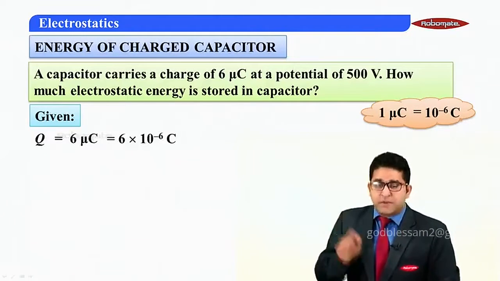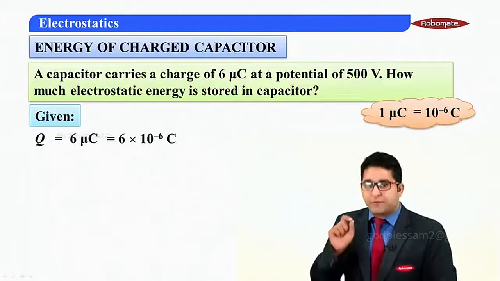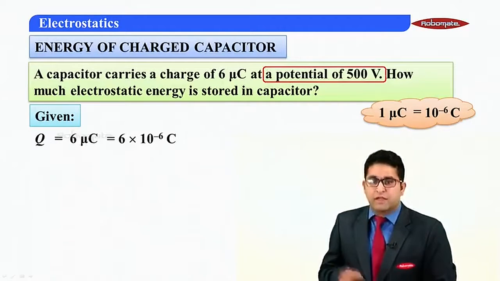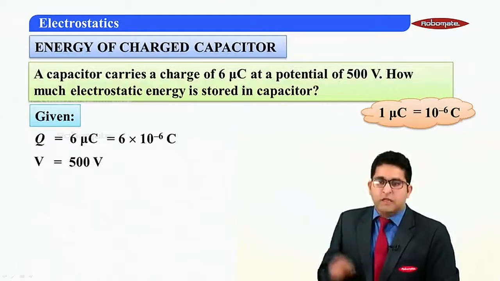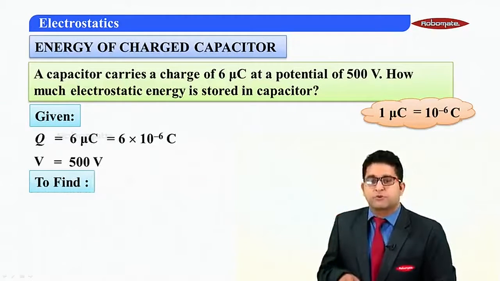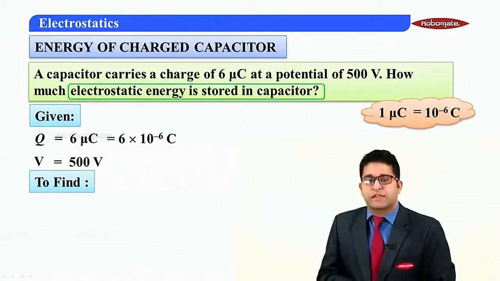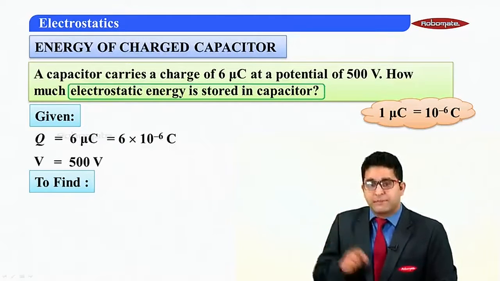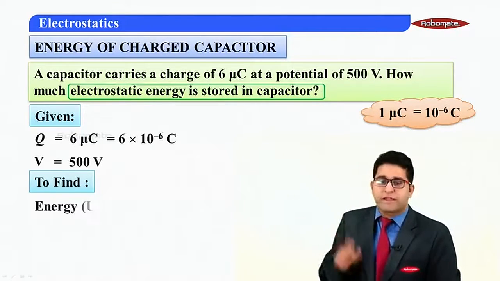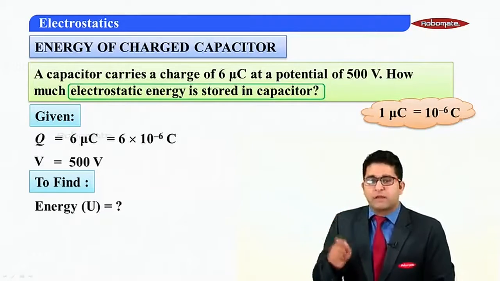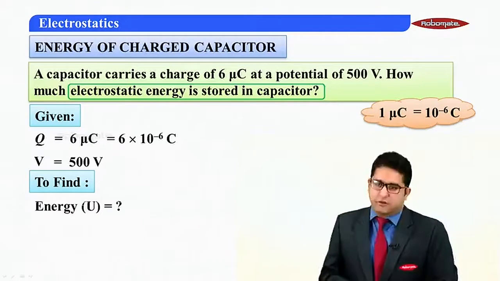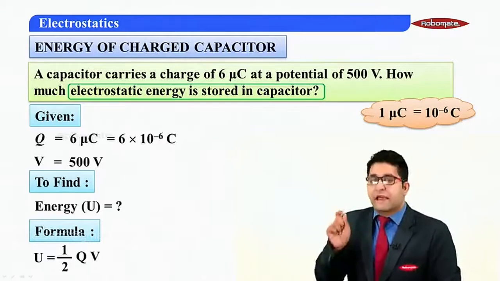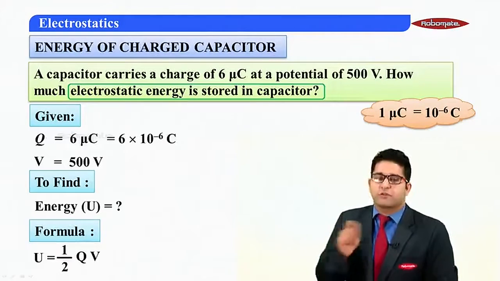The capacitor is charged at a potential of 500 volts, so capital V is equal to 500 volts. I am supposed to find the electrostatic energy stored in the capacitor, that is capital U. The formula should be in terms of charge and potential, so I'll use capital U is equal to half QV.